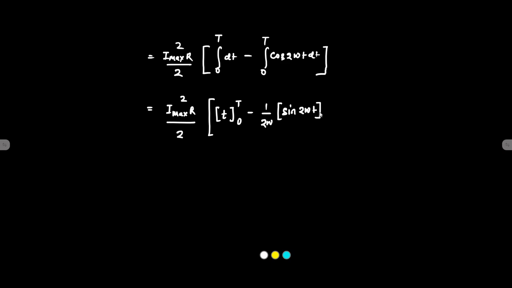So only t is the variable, upper limit capital T, lower limit 0.